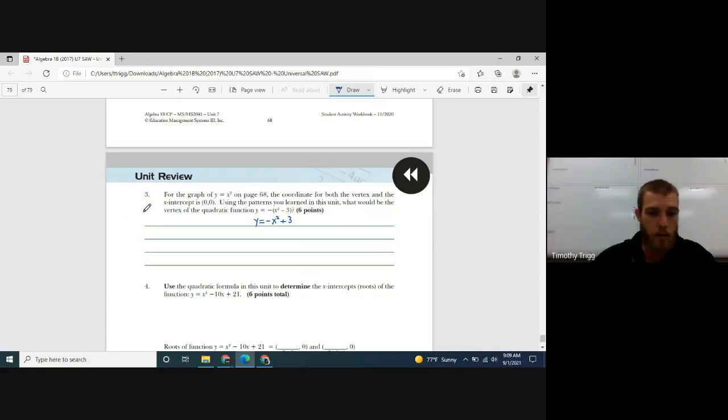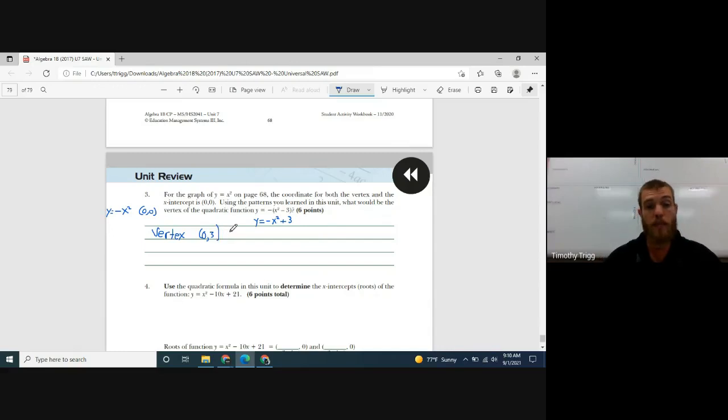So for y equals negative x squared, the vertex is at 0, 0, right? But if I add that 3, it shifts the vertex and the entire graph up 3. So instead of being at 0, 0, the vertex would shift up by 3 as well. So the vertex for this function would be at 0, 3.